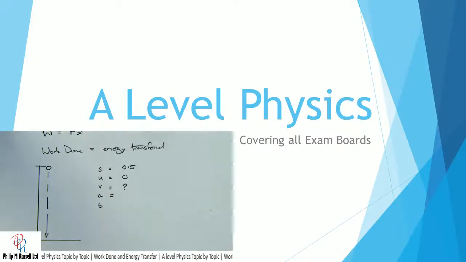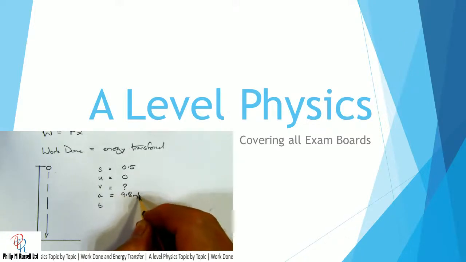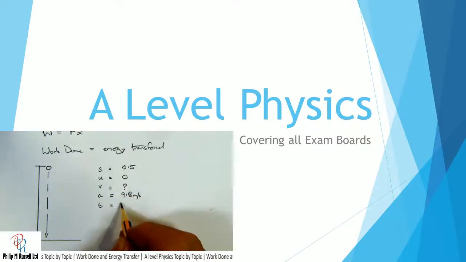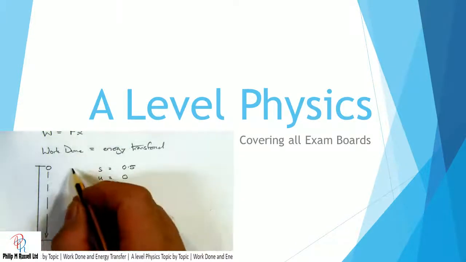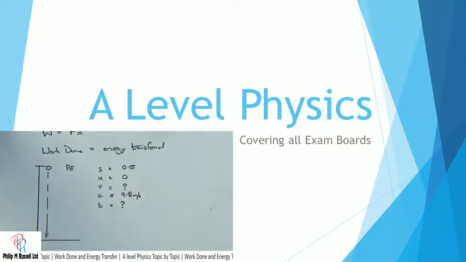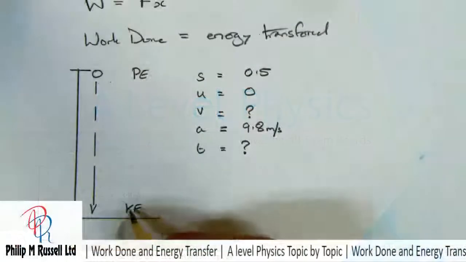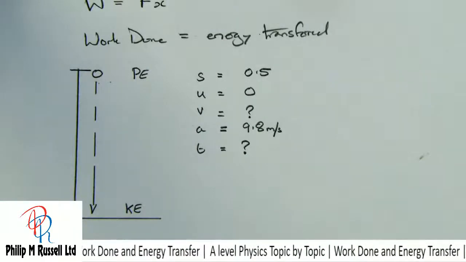We know our acceleration due to gravity, and we can work out the time taken. And what this is going to do is convert potential energy that we have in a system as we turn it to kinetic energy as it falls down.